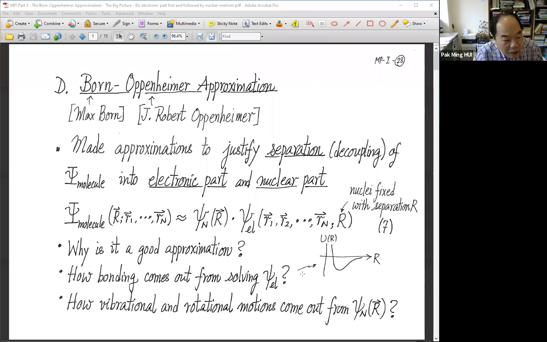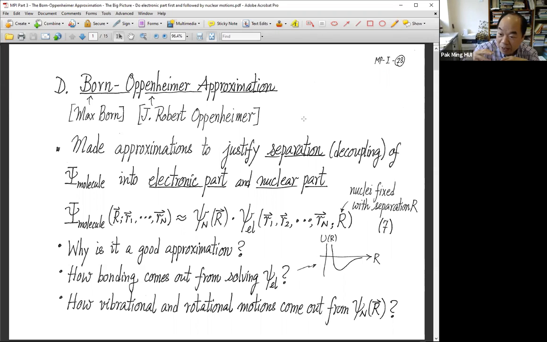Now, I would like to introduce a little bit about this, I would say, Nobel Prize winning approximation. That is exactly what I motivated a few minutes ago. This falls under the name of the Born-Oppenheimer approximation. For those of you who want to organize your class notes in a more systematic way, you may cross-reference this section to the approximation methods.